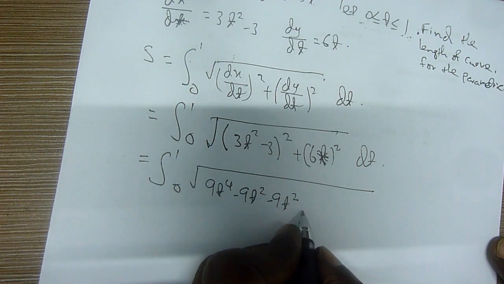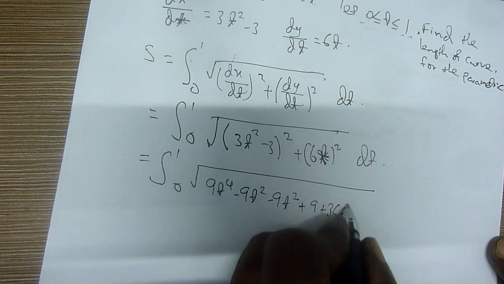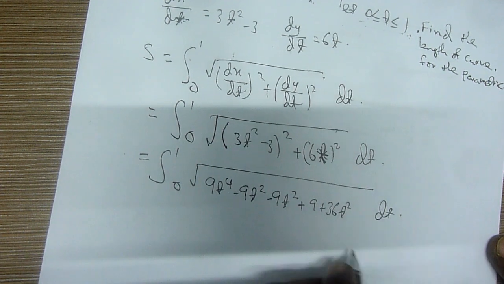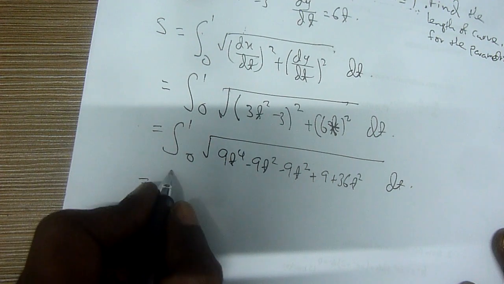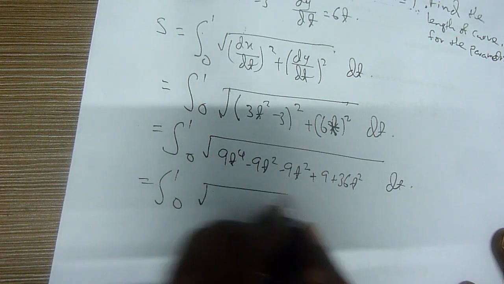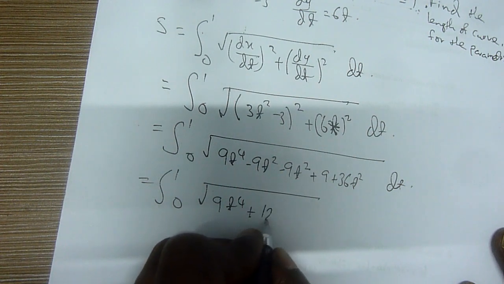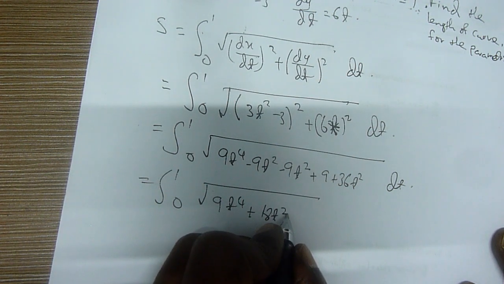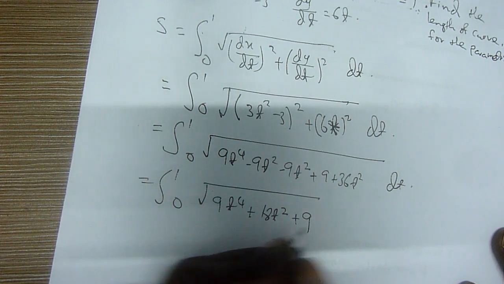Combine everything again: 9, 36t^2 dt. When you simplify the whole thing, this is what you will get, from 1 to 0: 9t^4 plus 9t^2, is it correct? Negative, yes, plus 9 dt.